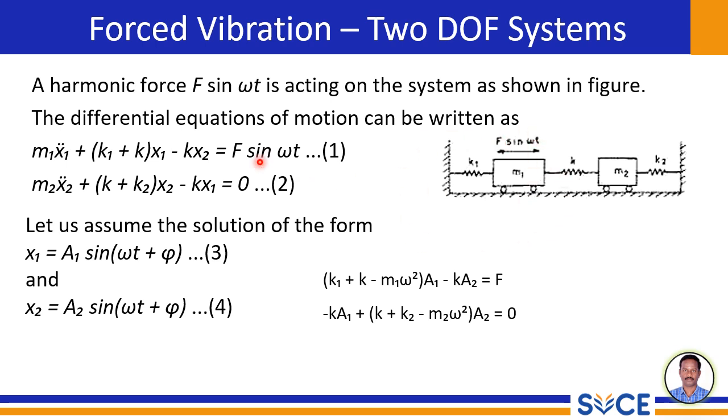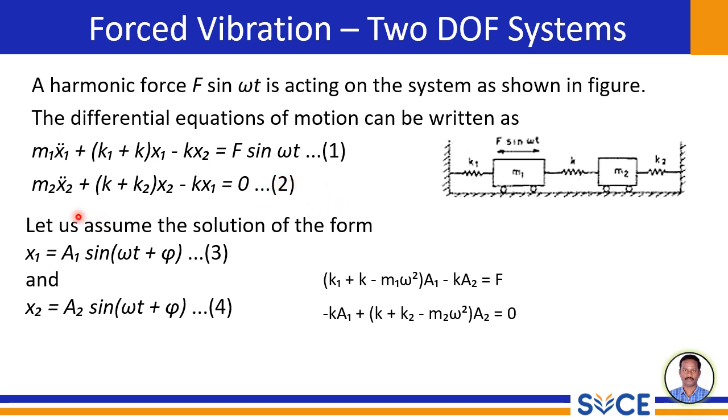That is, m1 x1 double dot is the inertia force, mass times the acceleration; k1 plus k is the restoring force from the springs connected to mass m1. k x2 is the force exerted by the spring connecting both masses m1 and m2. F sin omega t is the external harmonic force.